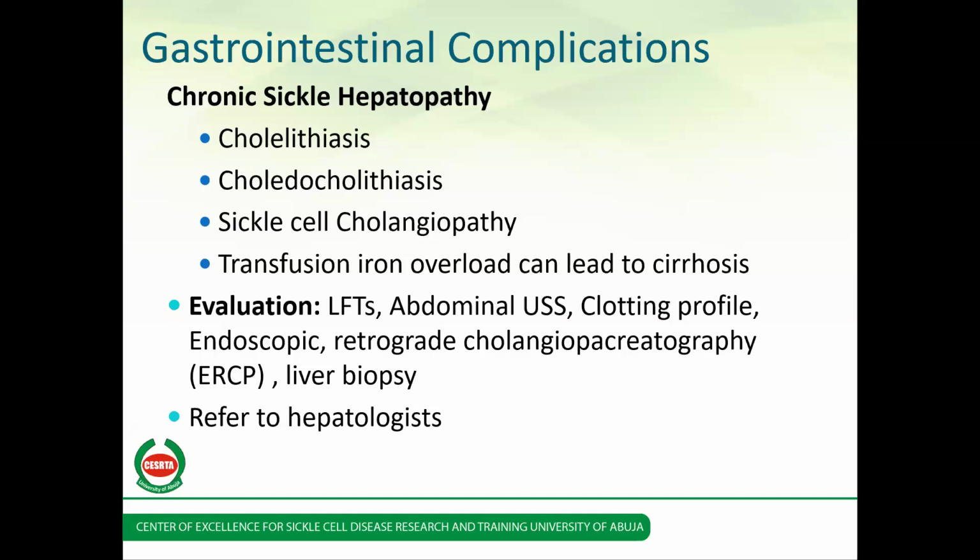Evaluation includes liver function test, abdominal ultrasound, clotting profile, endoscopic retrograde cholangiopancreatography, liver biopsy, and so on. So if there are abnormalities in these tests and the changes are evident, you refer the patient to a hepatologist.